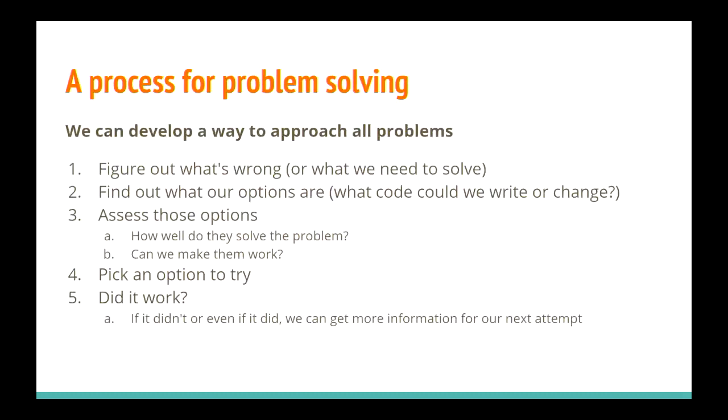But you're going to run out of time and money doing those. So there's a question of, can you actually make an option work and can it solve the problem? And what we're looking for is an option for solving a problem that is both going to be easy for us to do or capable for us to do, even if it's not easy, and we think might solve the problem.